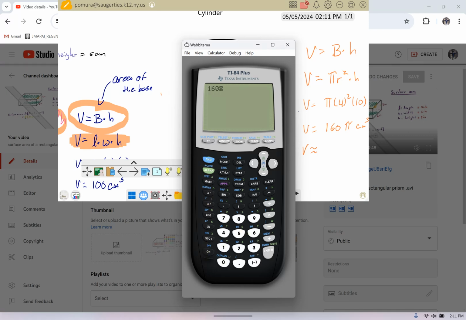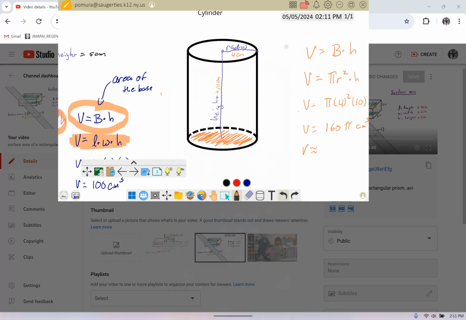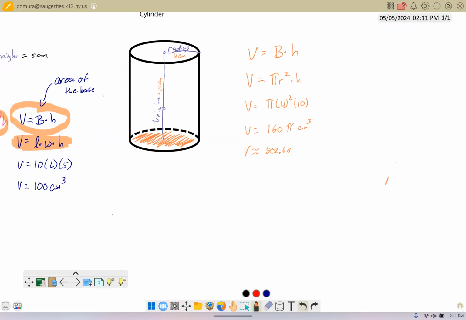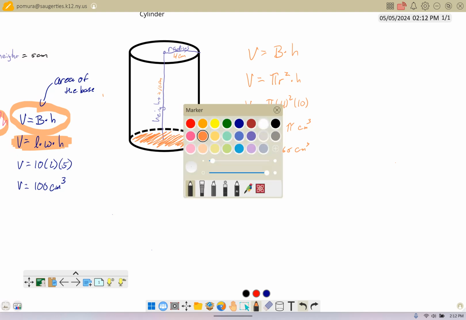Let's see, pi. And it looks like we get 502.65. By the way, the reason why I'm doing the actual values is so you have a chance to check it out yourself. And if you're having problems, you should re-watch and see what happened. All right, so that's the volume of our cylinder.